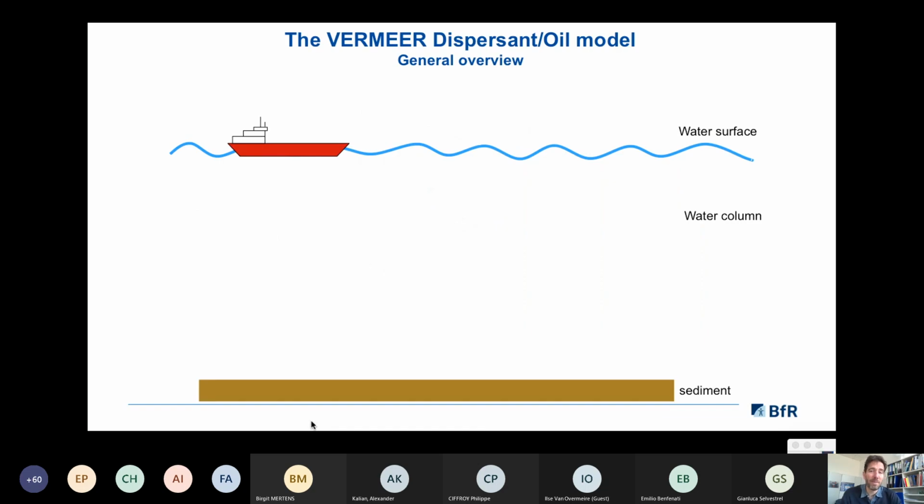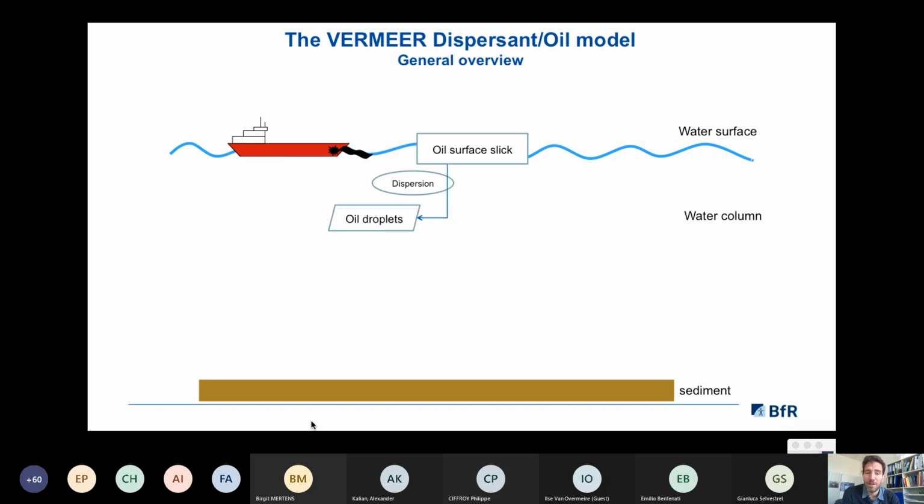So what happens if we have an oil spill? So there's a very simplified representation. We have a water surface in the ship, and if there's an oil accident, so oil coming to the water surface, we will have an oil slick forming in this water surface.